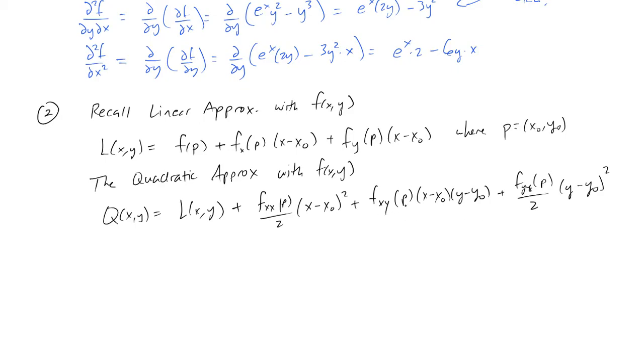Notice this one doesn't get divided by 2, but these two do. So the mixed partials, there's two of them, and so they're being added together and turned into one term. So there's three additional terms to the linear approximation.